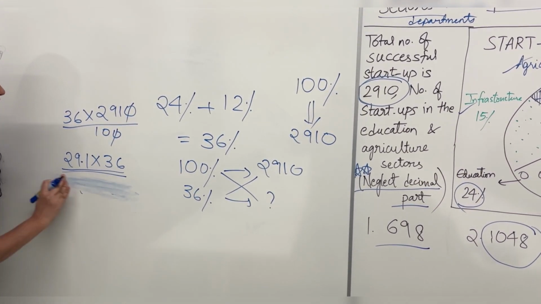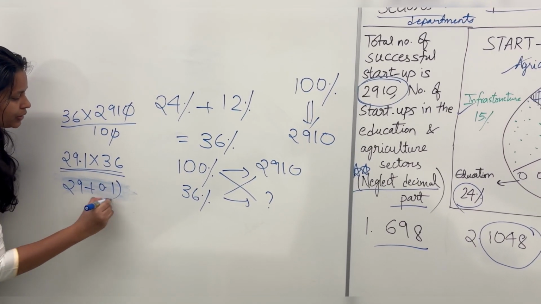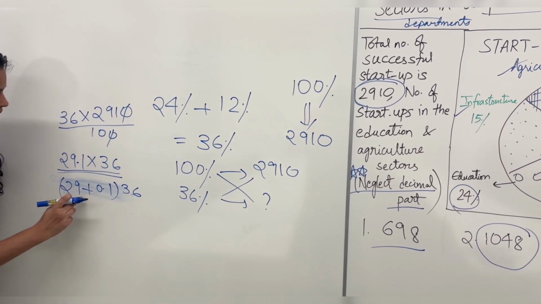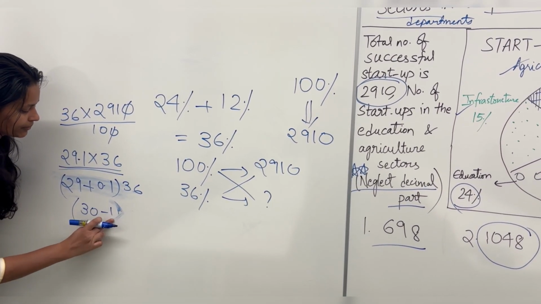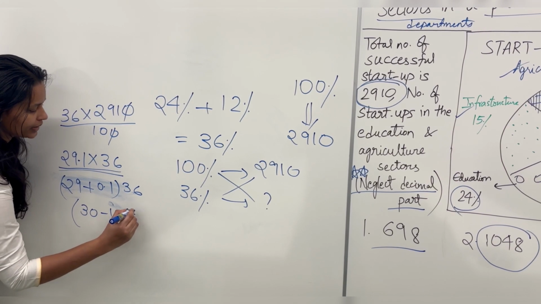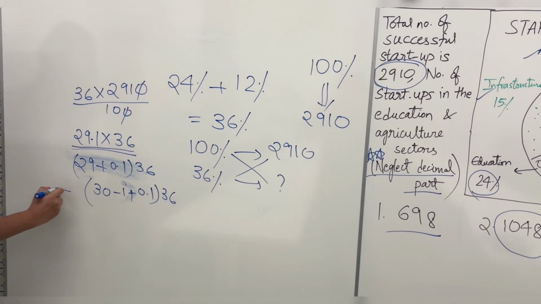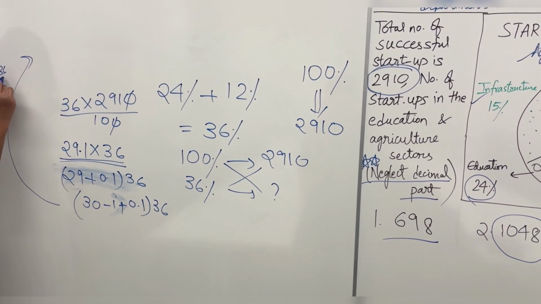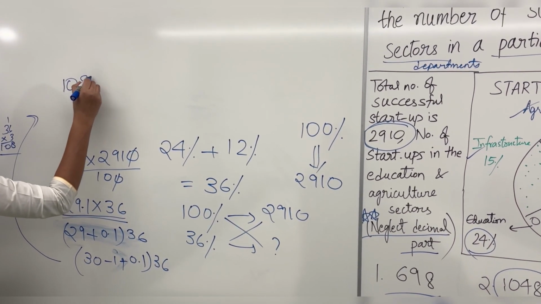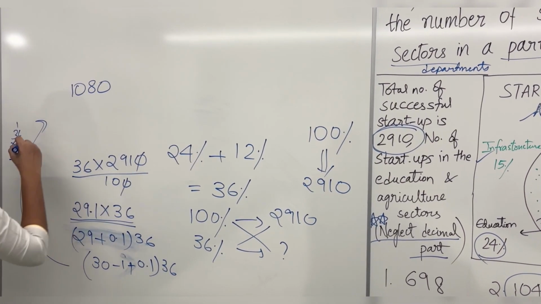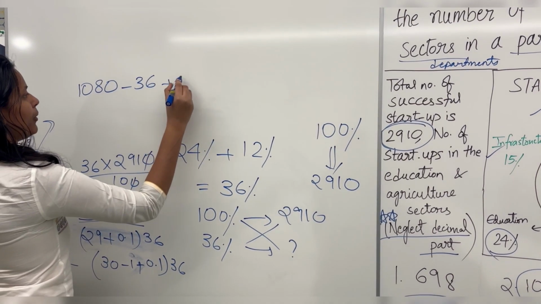So what we do is, here we'll write 29.1 into 36. 29 we'll write as 30 minus 1, plus 0.1 into 36. That is 36 3s are 1080 minus 36 plus 3.6.